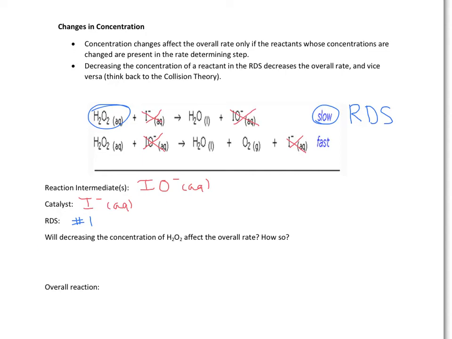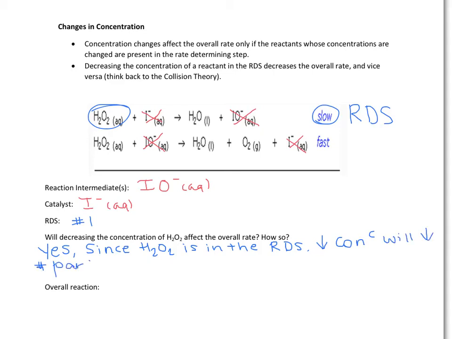Therefore, we can say, yes, since hydrogen peroxide is in the rate determining step, decreasing the concentration will decrease the number of particles.